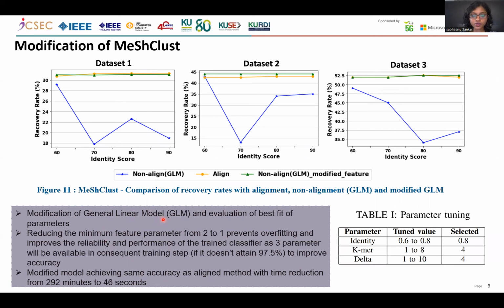The first is the generalized linear model and evaluation of the best fit of parameters. We modify the GLM in order to achieve high accuracy, avoid fluctuating values, and increase the speed, providing a good recovery rate. And parametric tuning is done in addition to it.